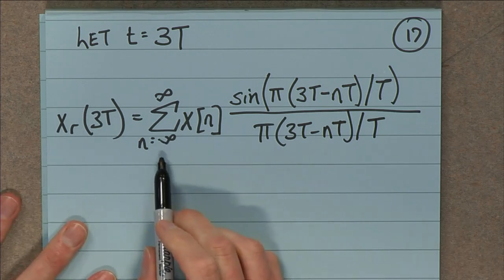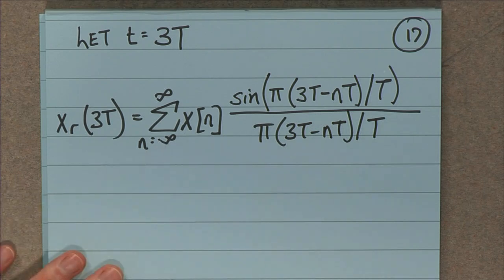Now this is an infinite summation over n, so we've got a lot of work to do here. But let's break it up, as it turns out, into two cases. One where we let n equal 3 and see what happens. And then if n equals anything else, you'll see something nice happens. It all goes to 0. But let's just take it step by step.